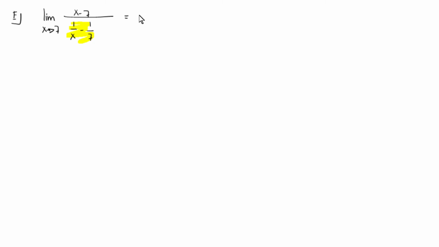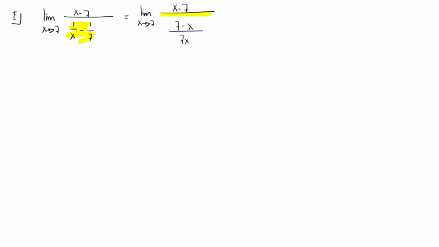So we have the limit as x tends to 7. For now, the numerator stays the same. In the denominator, we're going to put it on a common division line. The lowest common denominator is 7x. And in the numerator, we're going to get 7 minus x. So we have this division of quotients here.